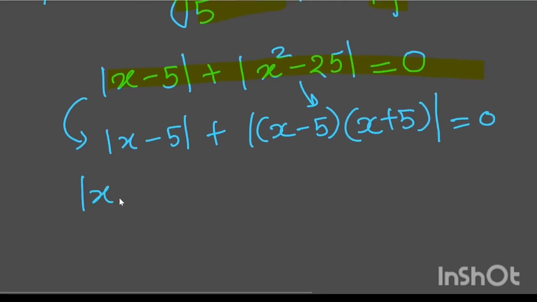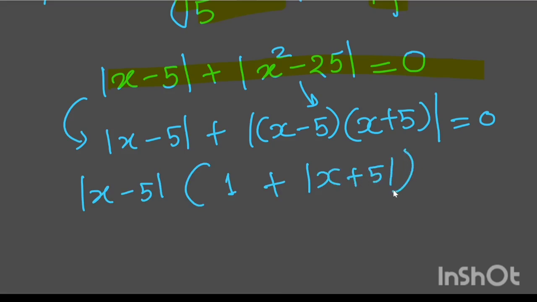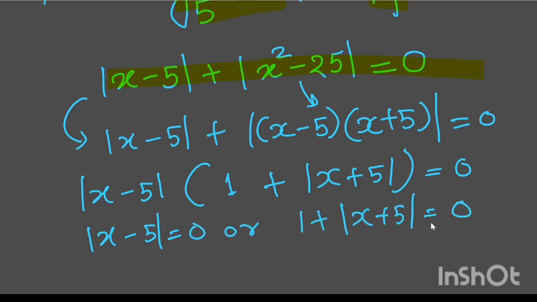Taking |x − 5| common, we are left with |x − 5|(1 + |x + 5|) = 0. So |x − 5| = 0, or 1 + |x + 5| = 0.